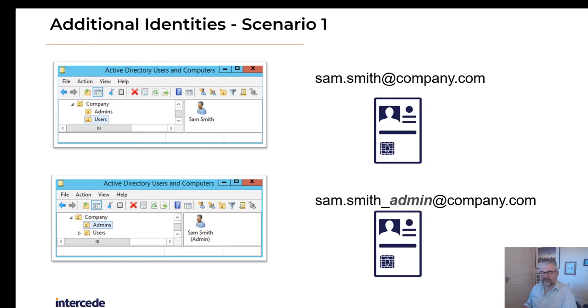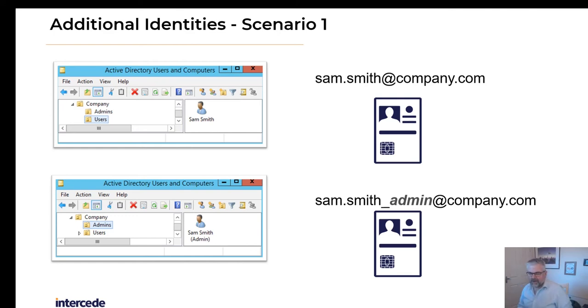You don't want Sam using that administrator account all the time. You only want him to use it when he needs to. So you would set up two accounts potentially there, each with certificates for authentication. What you want to avoid though is actually Sam having two smart cards or two USB devices, because A, that's annoying for Sam.